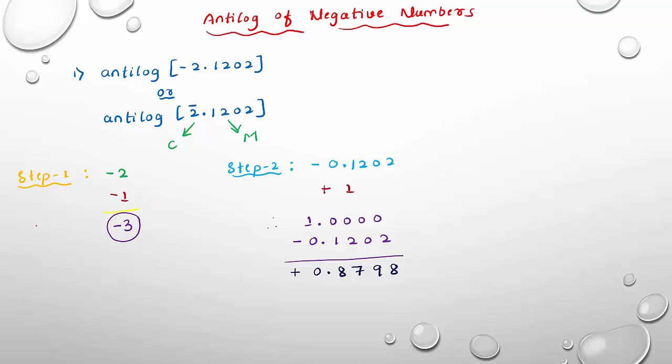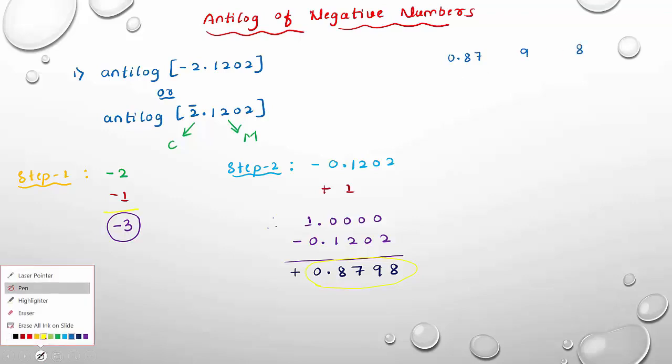Now leave the characteristic, come to this point. Now the answer is how much? We got 0.8798. This 0.8798 we can observe through the log table. Now it is easy to find its value. Through the log table, I am going to write 0.87 as the first part, 9 as the second part, and 8 as the third part.